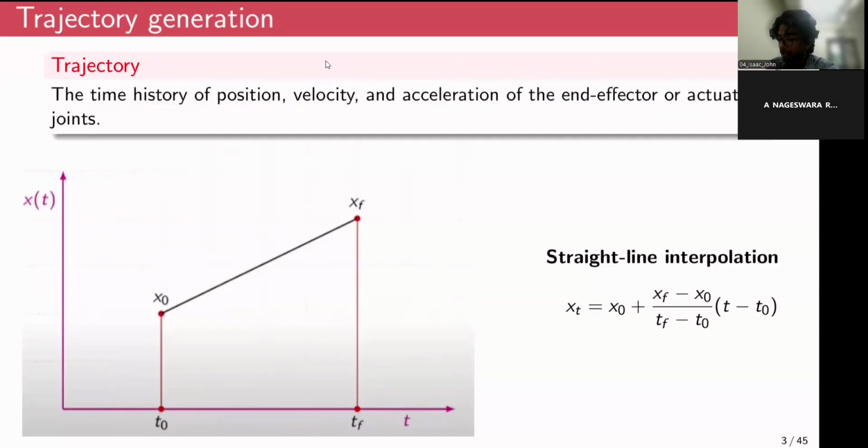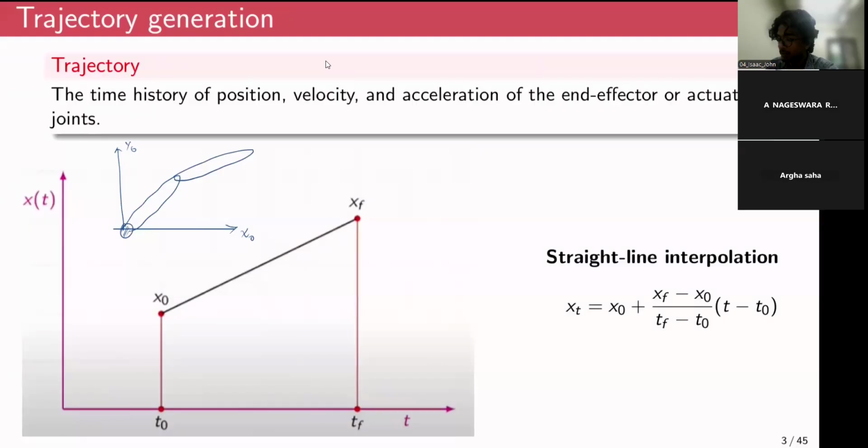So, for example, in case of a standard 2R robot, maybe I'll label these coordinates as x0 and y0. You will have a 2R robot with two joints. Label these as R1, R2, and this is the end effector. So there are two joint coordinates or joint variables, theta1 and theta2.